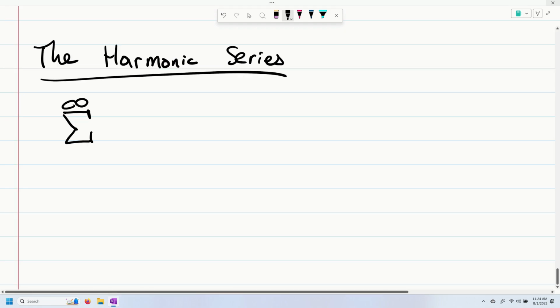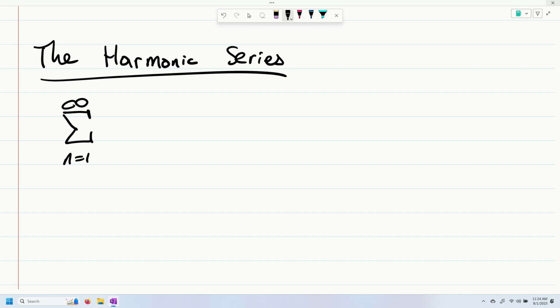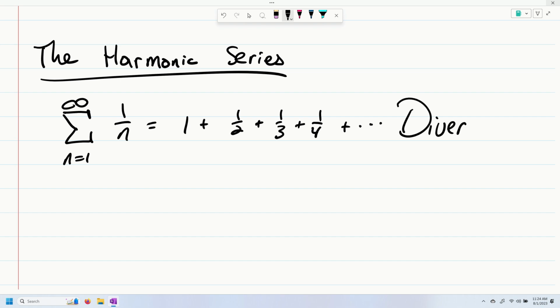The harmonic series is defined as the summation of n equals 1 to infinity of 1 over n, which is 1 plus 1/2 plus 1/3 plus 1/4. And this series, although it looks like it's going to converge, it actually diverges. Okay? So let's see why for a second.